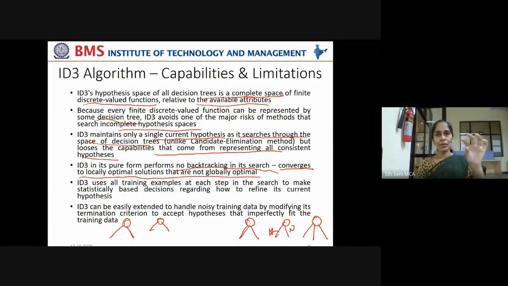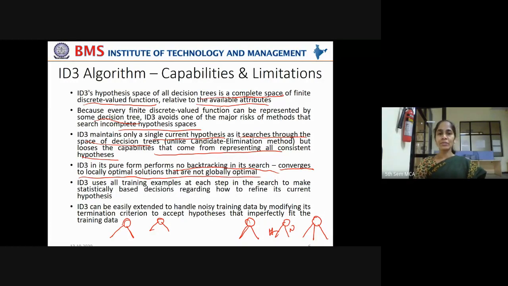That is why it converges to a local optimal solution, not the global optimal solution. It means that after constructing a decision tree, another decision tree may also be optimal, but the ID3 algorithm will not backtrack and check its decisions, right? It doesn't go for checking globally optimal solutions.